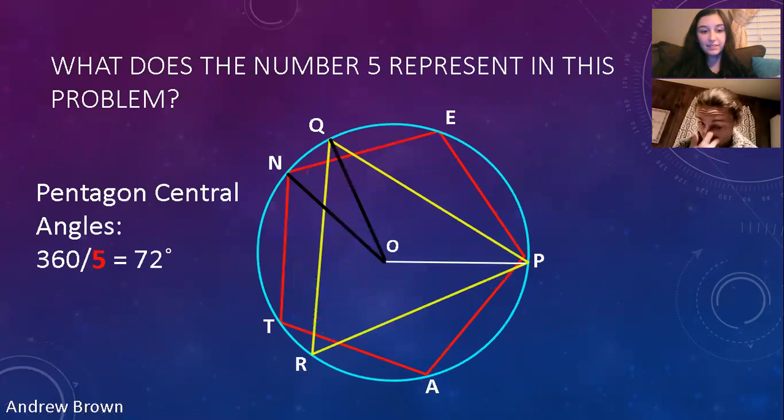So we also know that the central angles of a pentagon measure up to equal 360 degrees. So to find out the measure of the individual central angles, we will divide 360 degrees by 5. This just means that each individual central angle within the pentagon will equal 72 degrees. This is a crucial step to figuring out the rest of the problem. Awesome. Okay.